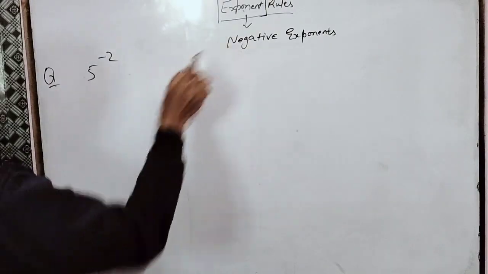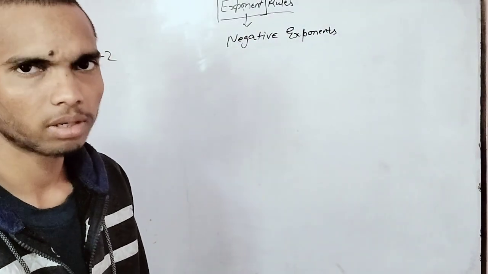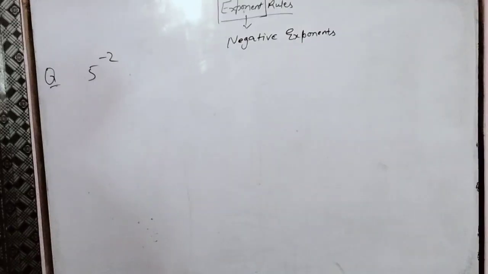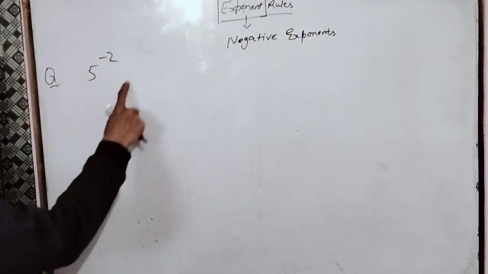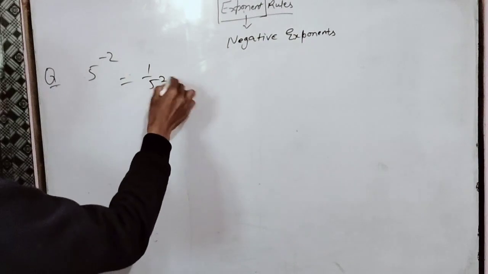This is the question, and it is saying we have an exponent which is negative. So in that case, how will we solve it? It says that it can be written like that.